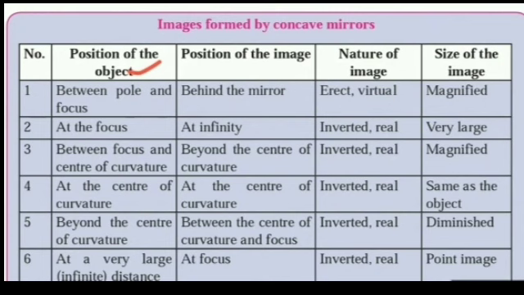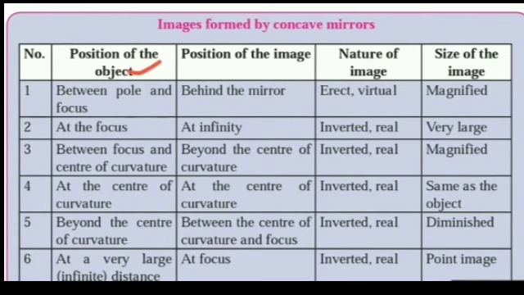See in the first point, the position of the object is between the pole and the focus, and the position of the image is behind the mirror, and the image is erect and virtual and the size of the image is magnified.